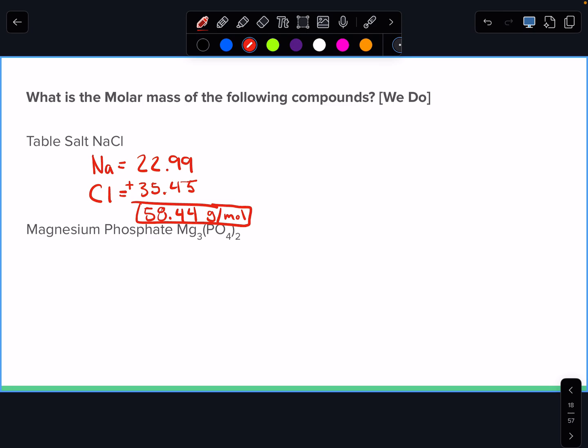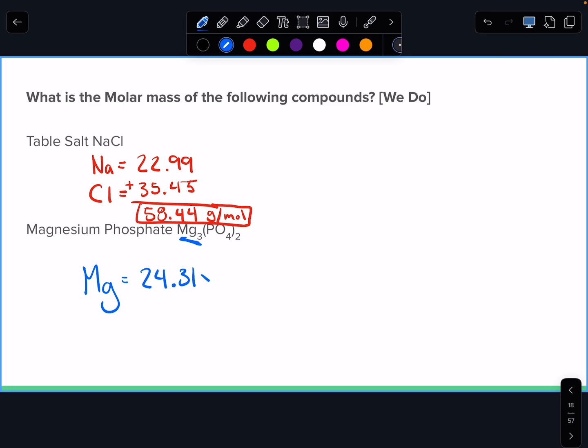So sometimes compounds have parentheses. There's a few ways you can think about this, but you just need to make sure you take into account all the pieces. Okay, so if I break this down, let's do magnesium first. I'm going to do them in different colors here to help me see. So magnesium, find its mass, 24.31.